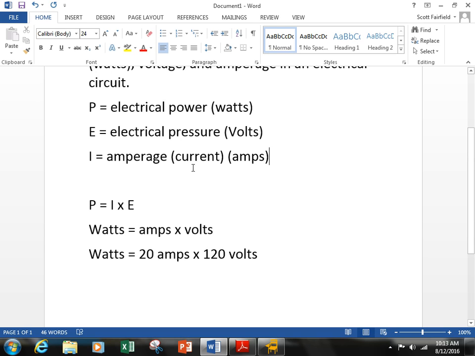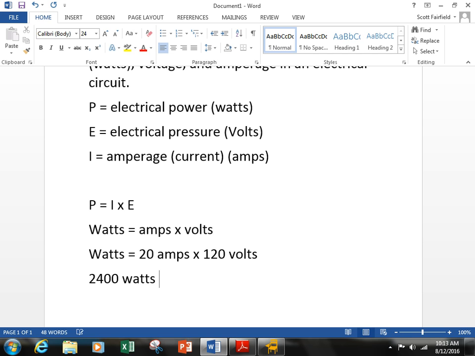So the first part of the formula here is how do we determine power? Power, watts, equals amps times volts. We're going to multiply amps and volts together and come up with the number of watts of power that's available here, power output. So if we have 20 amps flowing through a wire with 120 volts pushing it, for the most part, 120 times 20 is going to give us 2,400 watts, which would be 2.4 kilowatts, because the power company is going to measure it in kilowatts, but we're just going to stay with watts right now.